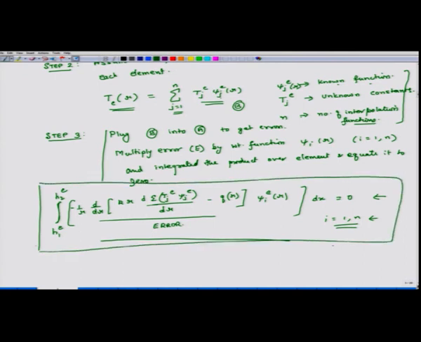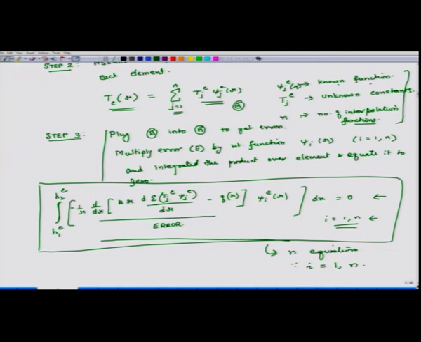So, this is not one equation, this represents n equations because I equals 1 to n.